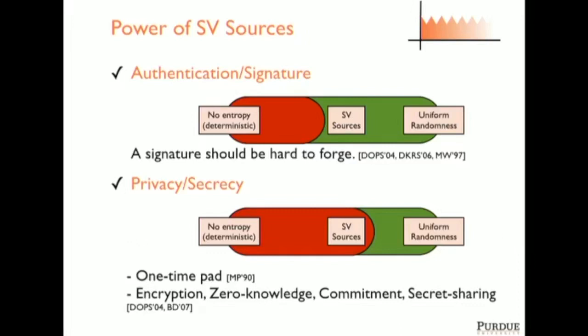It was first shown for the one-time pad, and later in a STOC 2004 paper by Dodis et al. it was shown that the same holds for encryption, zero knowledge proofs, commitment, secret sharing, all these primitives. Basically, anywhere you have an indistinguishability guarantee, we cannot use this SV source. The reason they thought about it is because they went for the standard cryptographic indistinguishability guarantee.